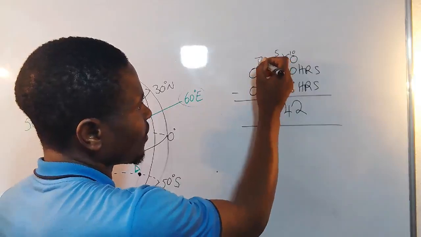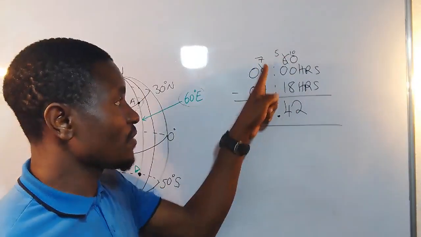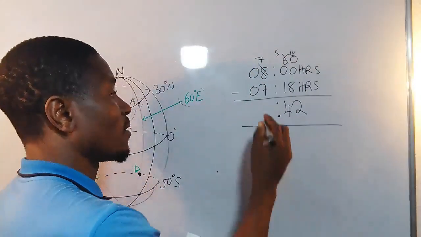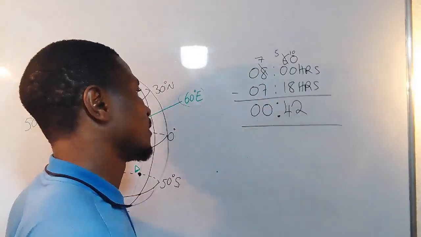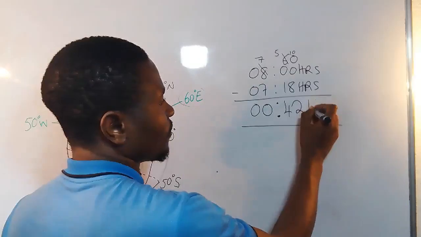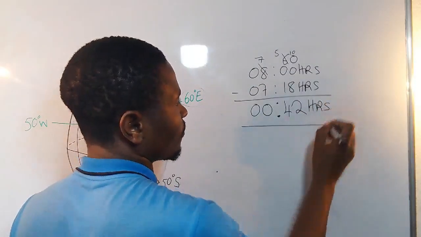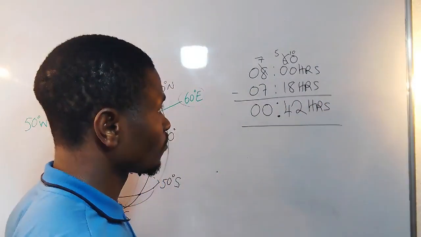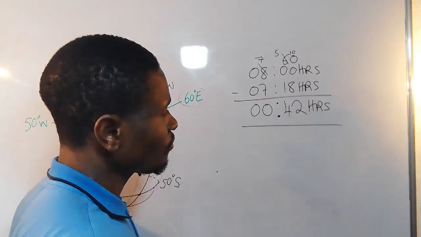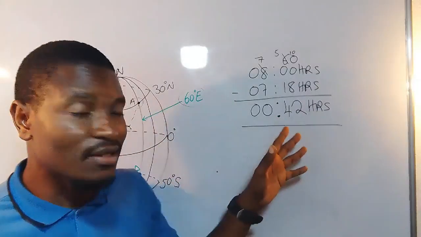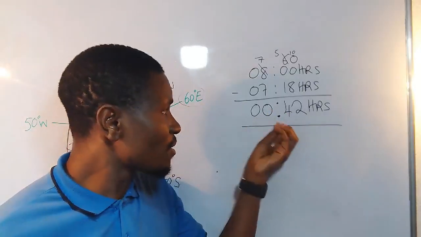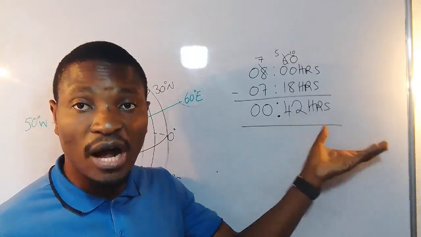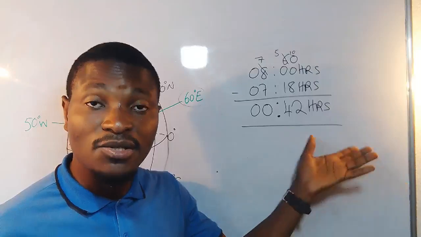Now there remains 7, so 7 minus 7, we're going to have 0. 0 minus 0, no change. Now you can see that the time is 0:42 hours.